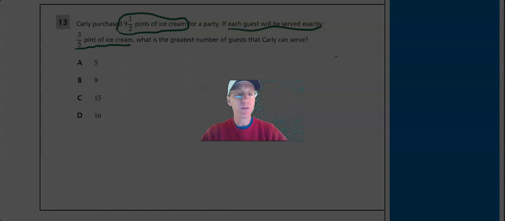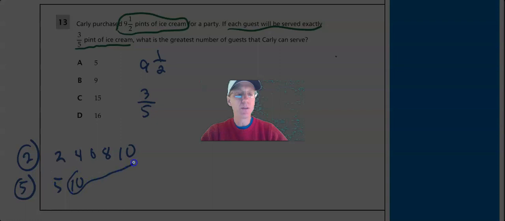Okay. So the other thing you could do is you could say, well, I have 9 1/2, and I have 3/5. One of the problems is I don't have common units. So if I were to turn these to common units, what's a common denominator that I could use? Well, 2, 4, 6, 8, that's listing the multiples of 2, and the multiples of 5, 5, 10. You'd say, I have a common multiple.